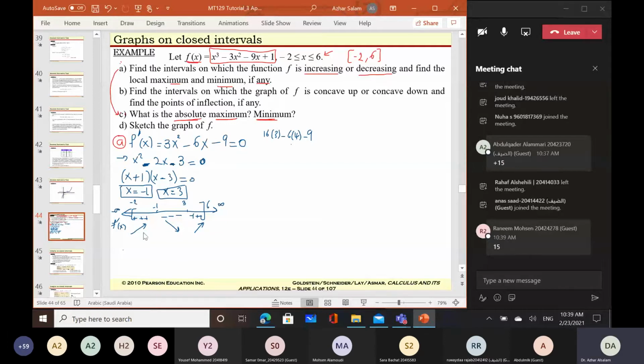So I find here the intervals. This is the question: the intervals on which the function is increasing or decreasing.